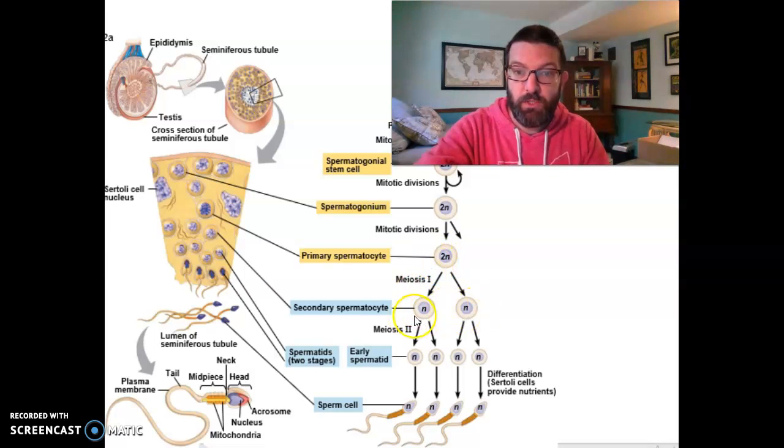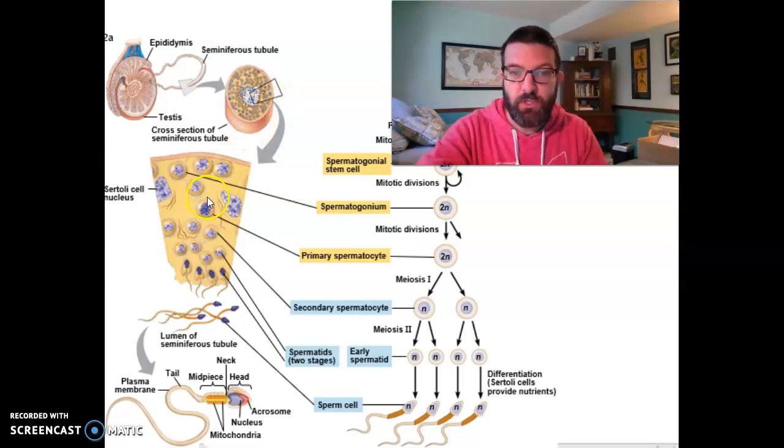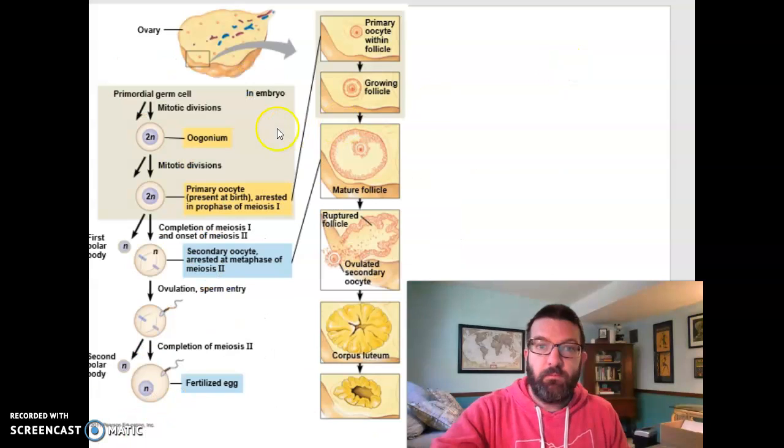After meiosis 1, you have 2 cells. Those are called secondary spermatocytes. Secondary spermatocytes undergo meiosis 2, and they produce 4 spermatids, which need to mature, get their tails and their acrosomes, and there we go. From 1 primary spermatocyte, we get 4 functional sperm, and this all happens in the tissue of the seminiferous tubules in the testes.